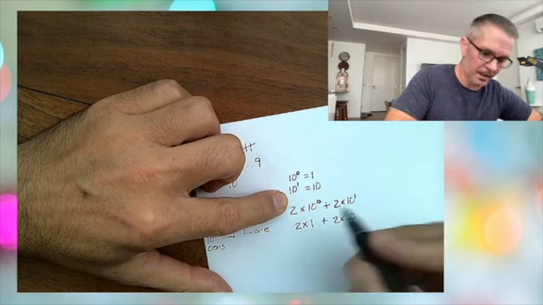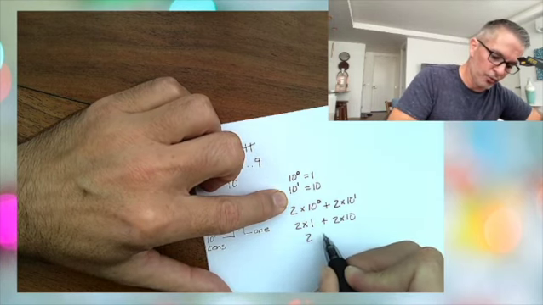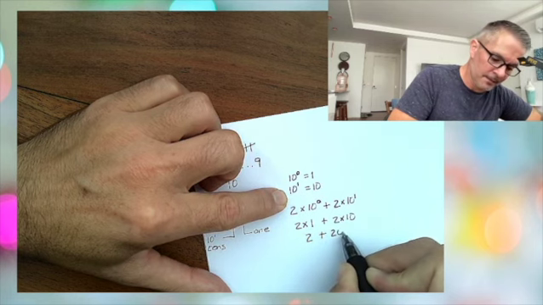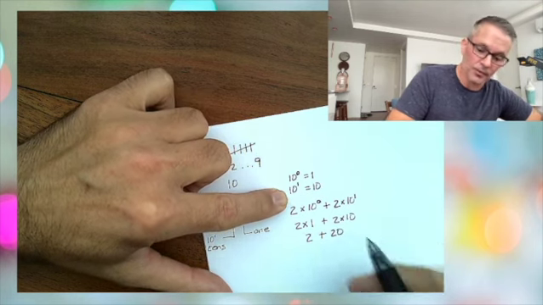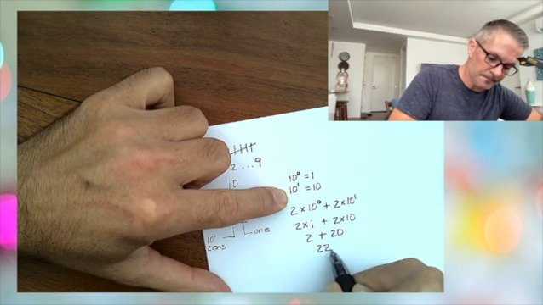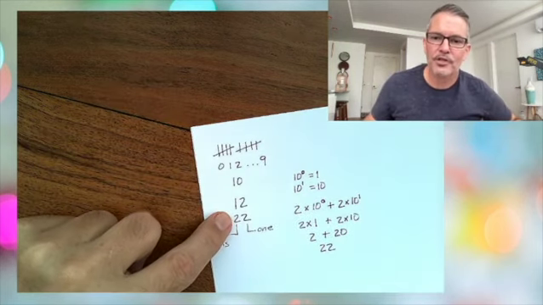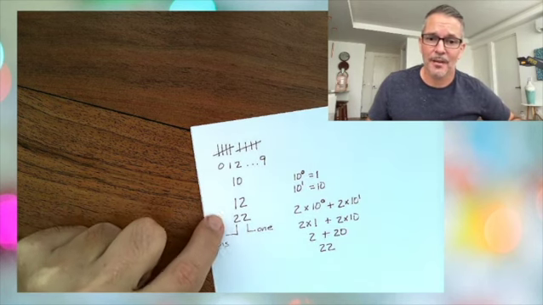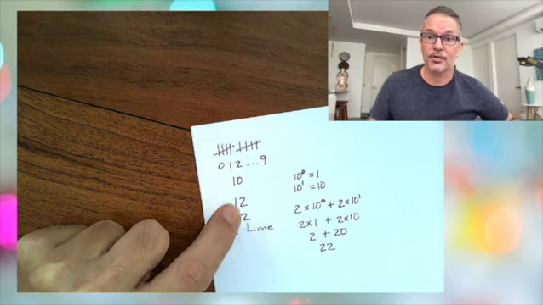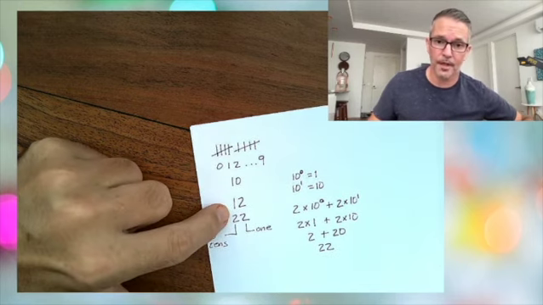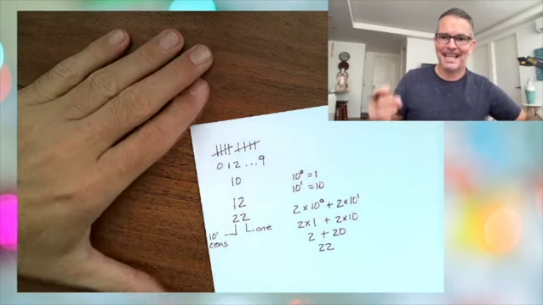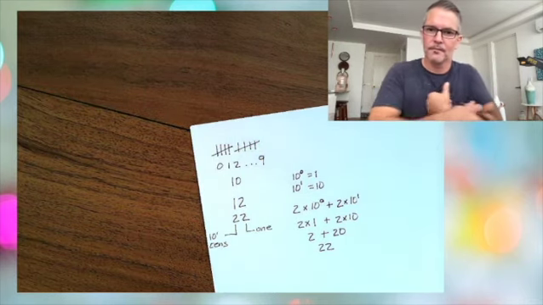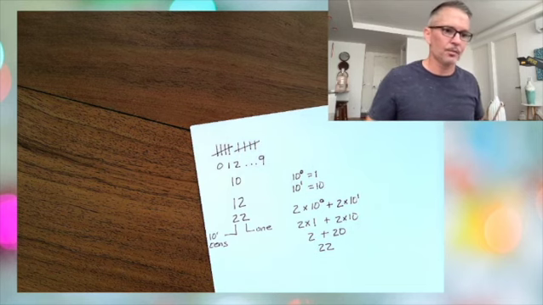If I continue working this out, 2 times 1 is 2, plus 2 times 10 is 20, and 2 plus 20 is 22. So what I'm trying to drive home to you is there is a positional concept in your base 10 number system where the place you put the digit indicates what power of 10 you are talking about. That's how our base 10 number system works.